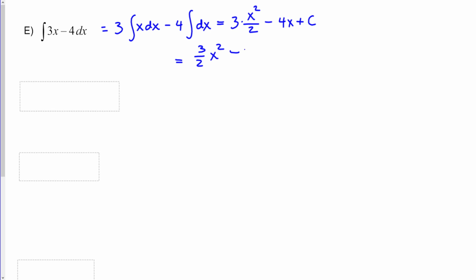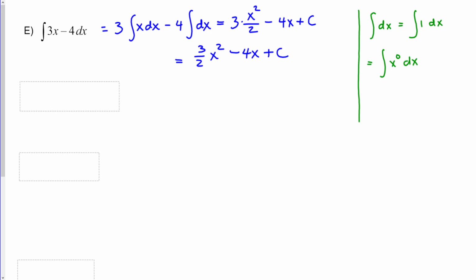Now, I want to mention one other thing about this integral dx. You really can use the power rule to show that this is true. So for instance, if you consider the constant 1, because effectively I'm integrating 1 dx, you can think of the constant 1 as x to the 0th power dx, because anything to the 0th power is in fact 1.